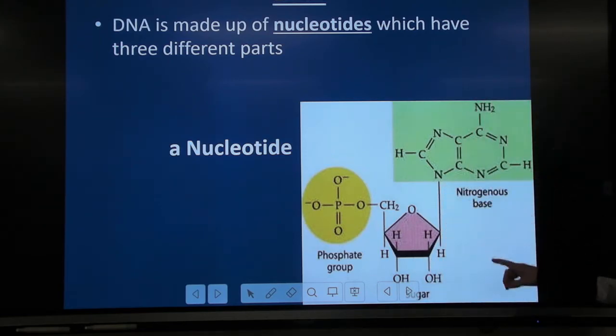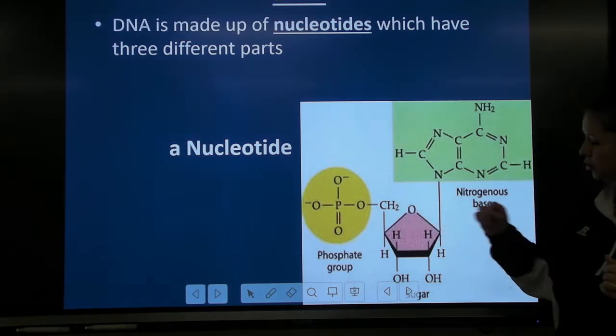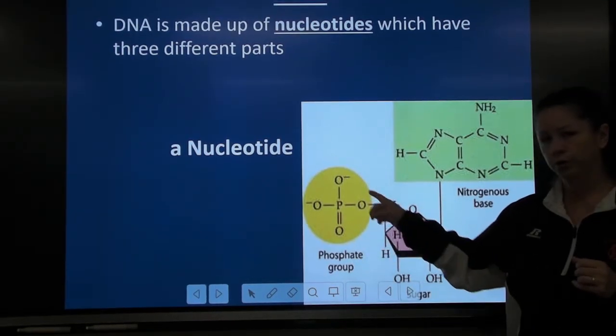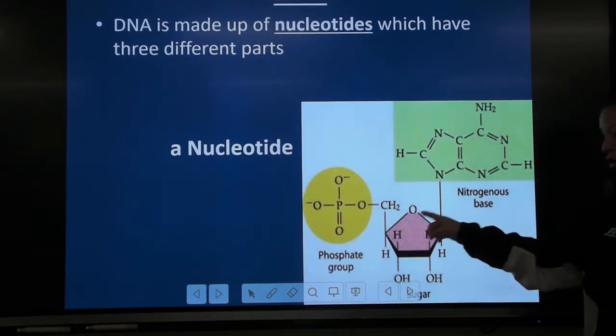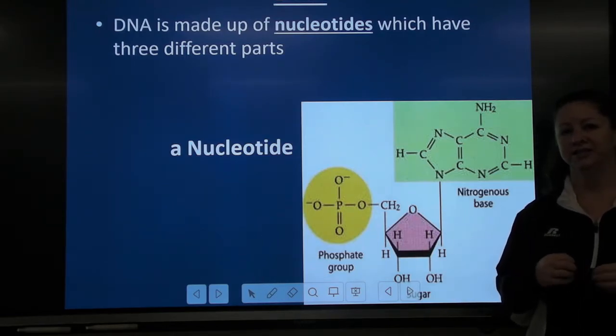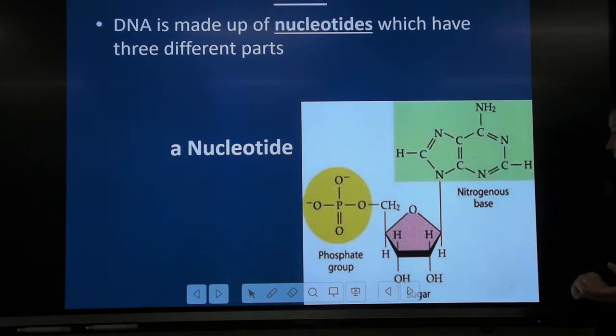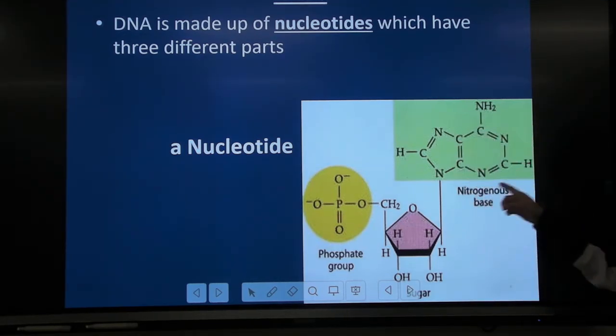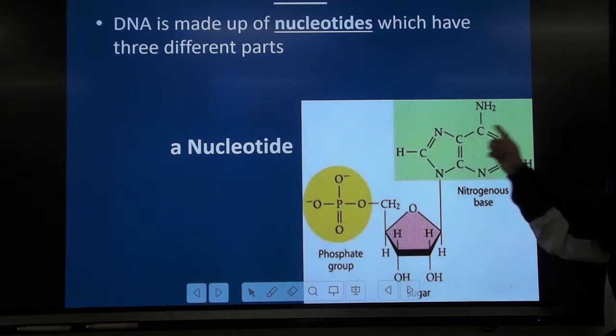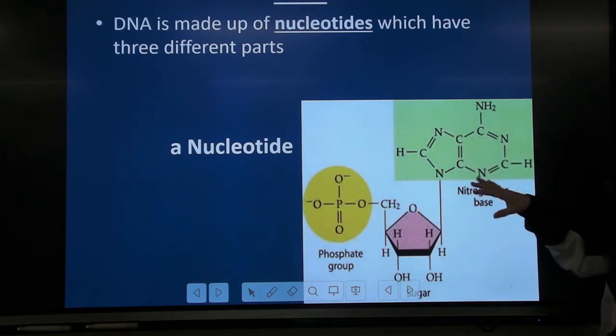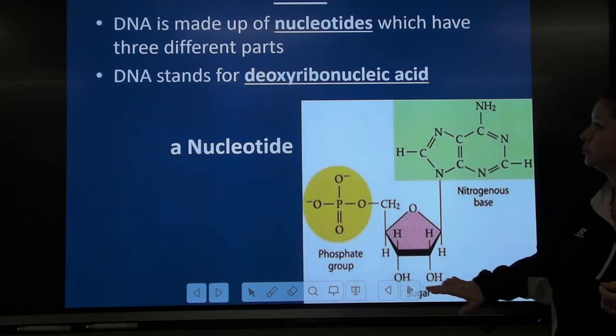The three different parts of the nucleotide are in this drawing here. You have a phosphate group, you have a sugar, and in this case that sugar is deoxyribose. That's where the D comes from. And then you have nitrogen bases. So this is what makes a nucleotide.